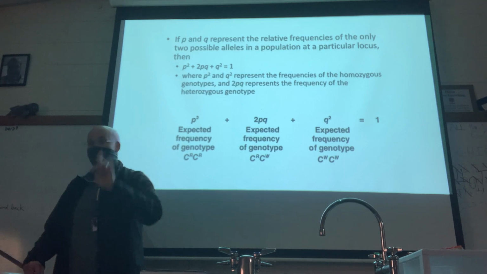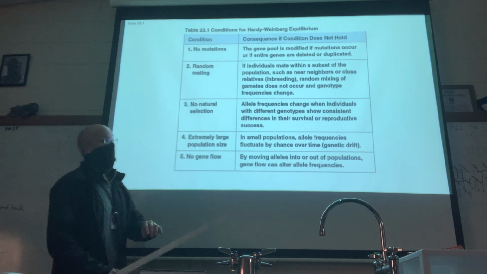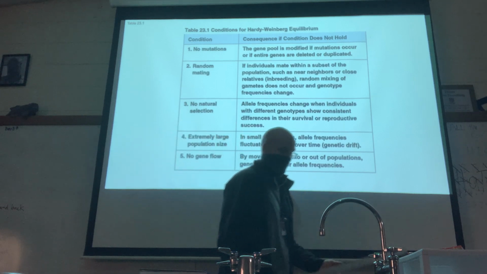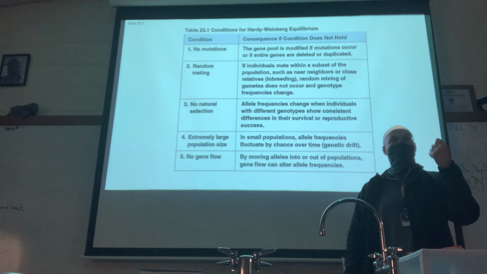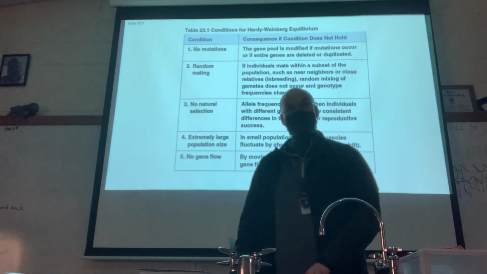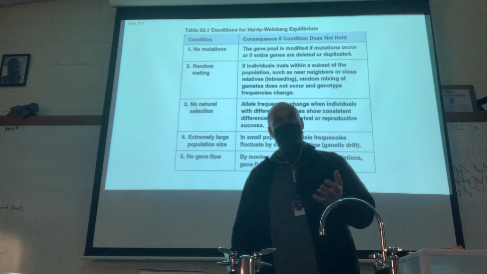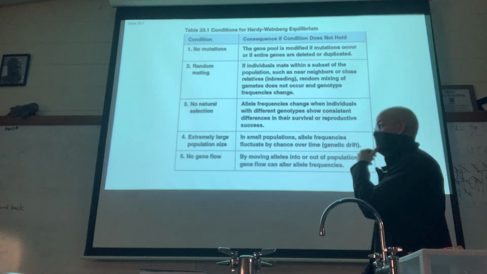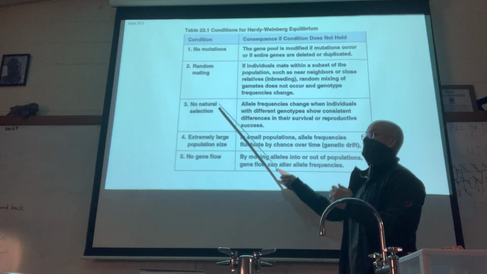And based on what assumptions are we using? Well, that's where we have what we call Hardy-Weinberg equilibrium. That equation tells us what the number should be if the population is not evolving. How is a population not going to change from one generation to the next? These 5 conditions must be true.